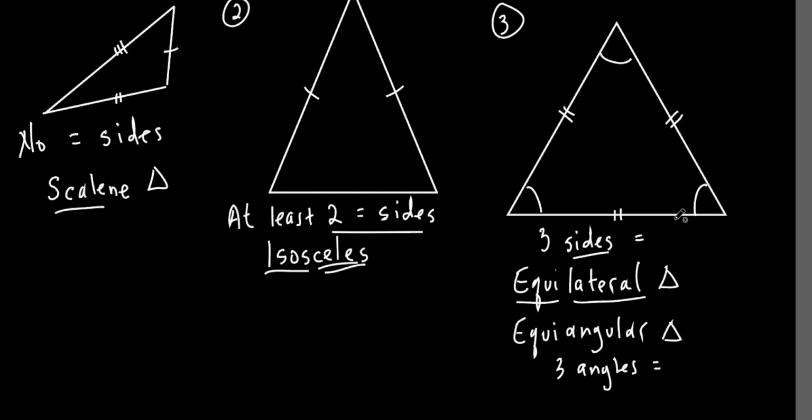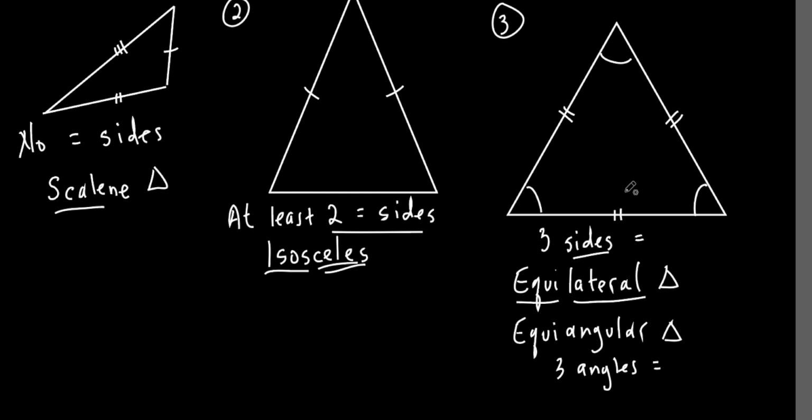Angular, angles, sure. And this is something I don't know if they talk about in this lesson or not. Let me just take a quick peek. I don't think they do. Yeah, it doesn't look like they do. Probably another lesson we'll talk about it, but I'll give you a little sneak preview. If you have a triangle that's equilateral, that automatically means it's also equiangular.